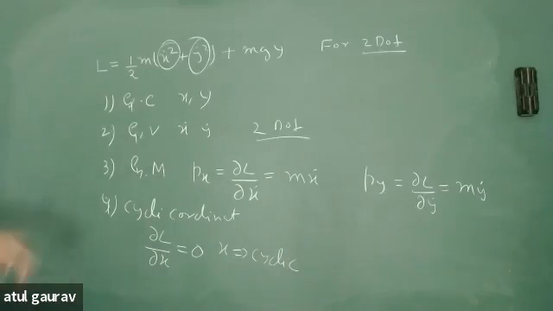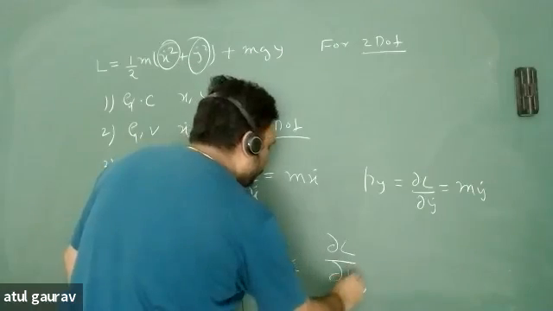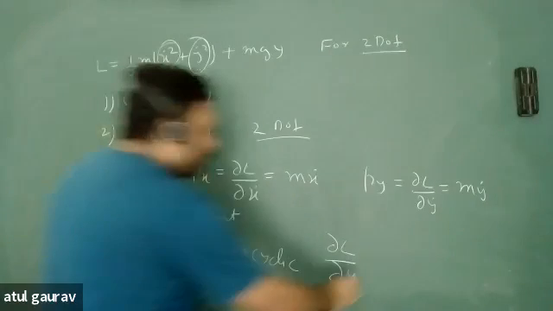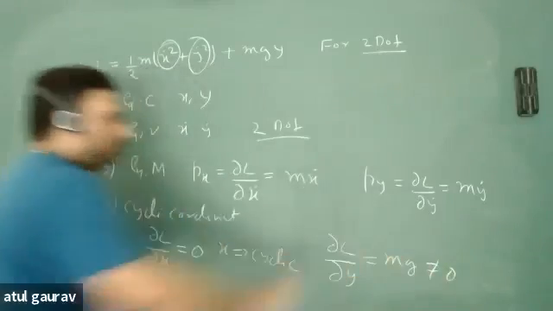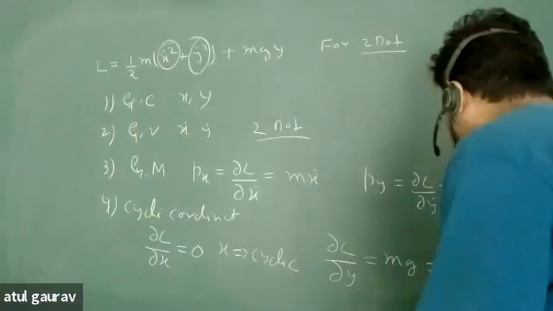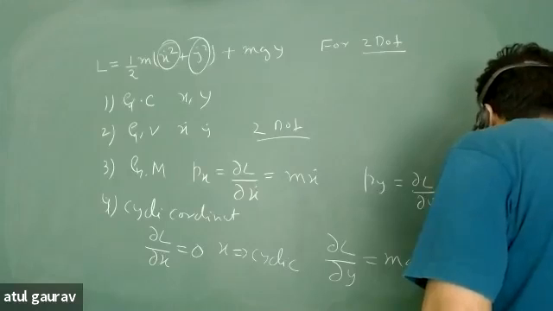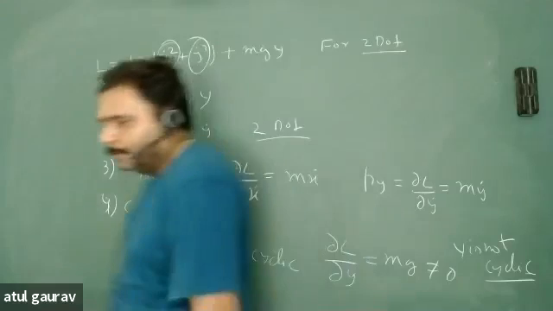Next we will go for del L upon del y. If you calculate del L upon del y, this is equal to mg. This is not equal to 0, so y is not a cyclic coordinate.